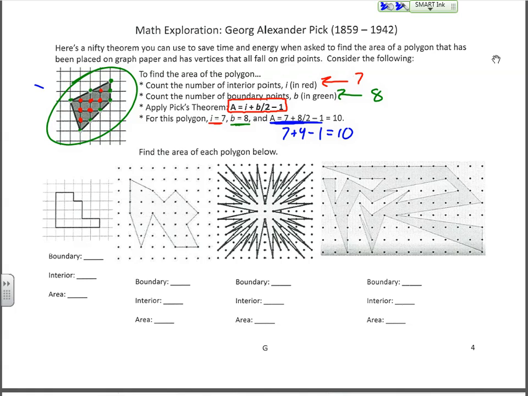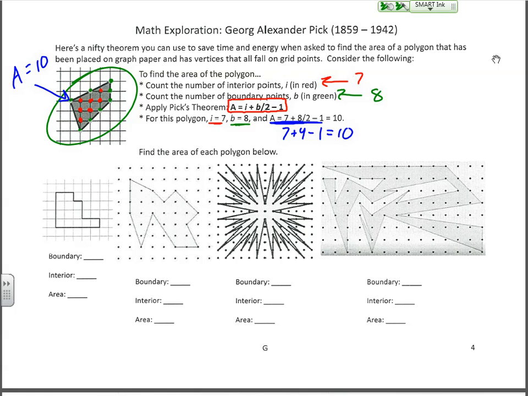The area of this polygon is 10. A lot faster than trying to divide it up and take areas of this shape and that shape and whatever else. And so you've got some to practice here. This first one it's very easy to find the area.